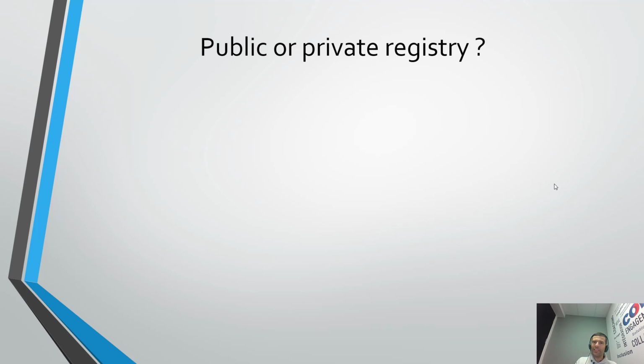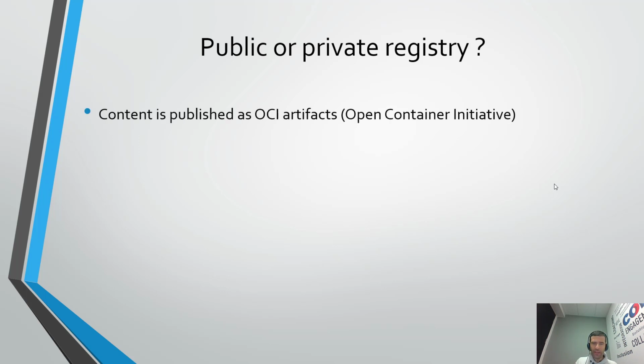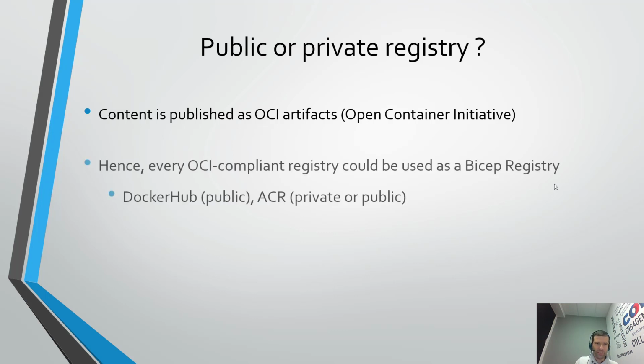Now that we've seen the importance of a registry, should we rely on a public or a private registry? A good question. It's important to note that the content is published as an OCI artifact. OCI stands for Open Container Initiative. Hence, every OCI compliant registry could potentially be used as a Bicep registry.